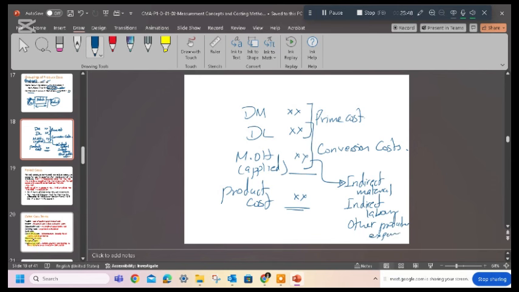Indirect material, you know, factory stationery, indirect factory material or indirect production related material, not from the head office, not from marketing. Manufacturing related indirect material, indirect labor, and things like factory rental, electricity bill.